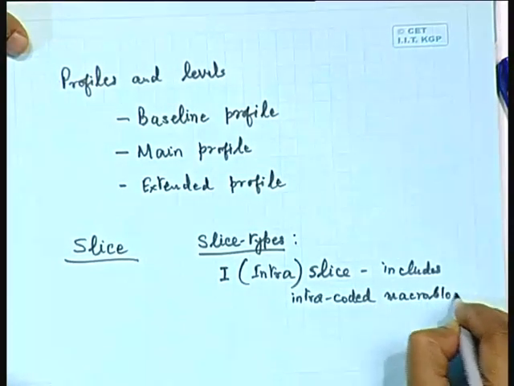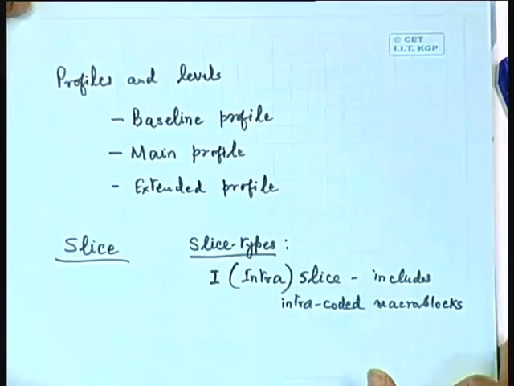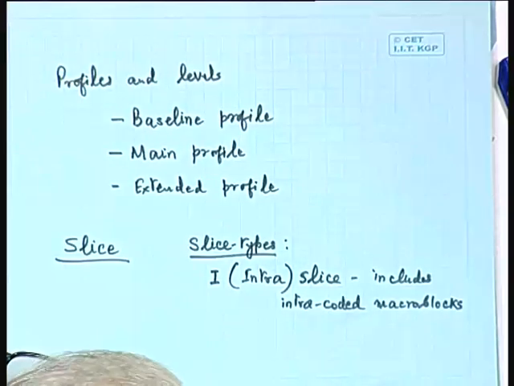In fact, you may ask why is this grouping necessary? What big purpose is it serving by grouping the macro blocks into slices?